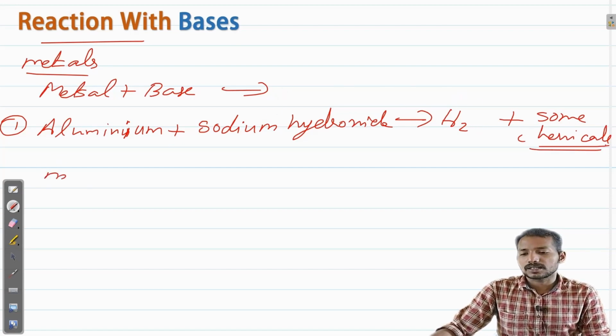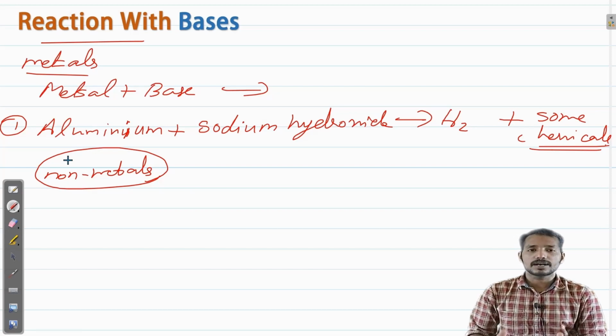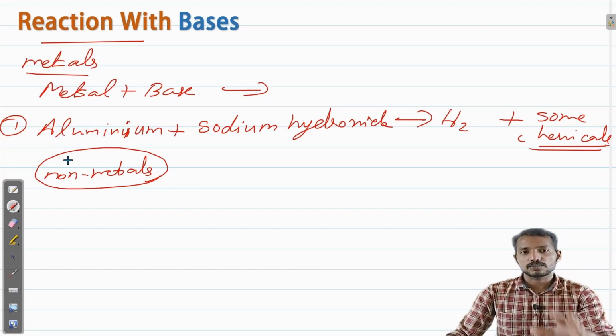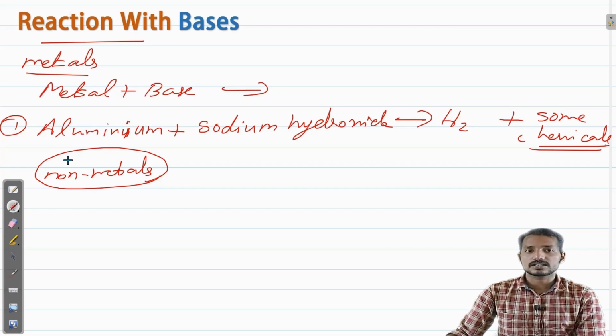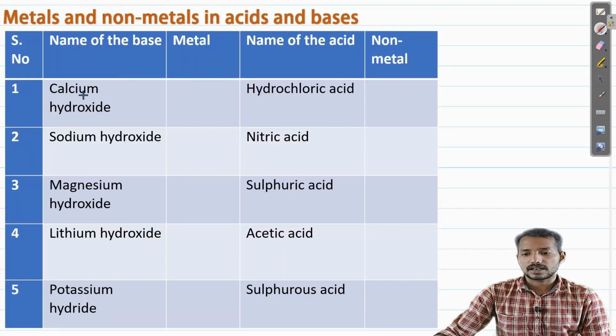And in case of nonmetals, the reactions are so complex, so we are not going to discuss that one. Not all the reactions take place in a simple manner as we discussed in the previous case. Clear? So the reaction of nonmetals with the base is a very complex reaction, so we are not going to discuss that one. Okay. Now let's discuss some metals and nonmetals present in base and acid.